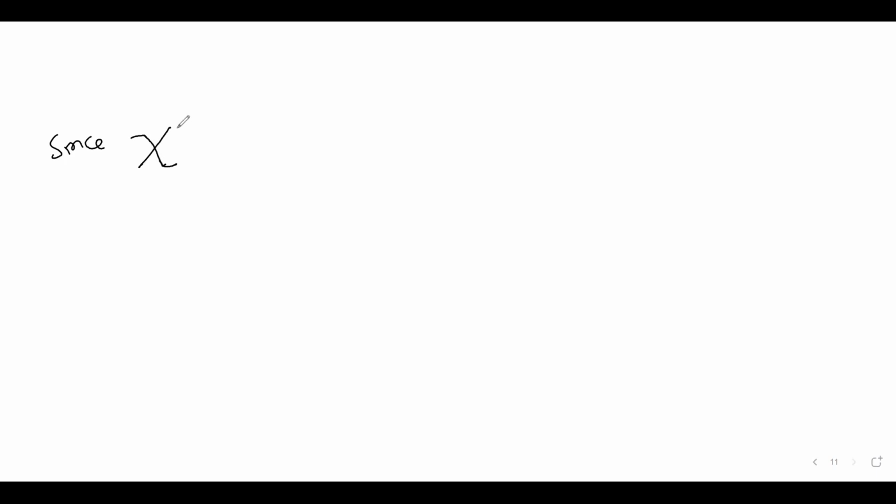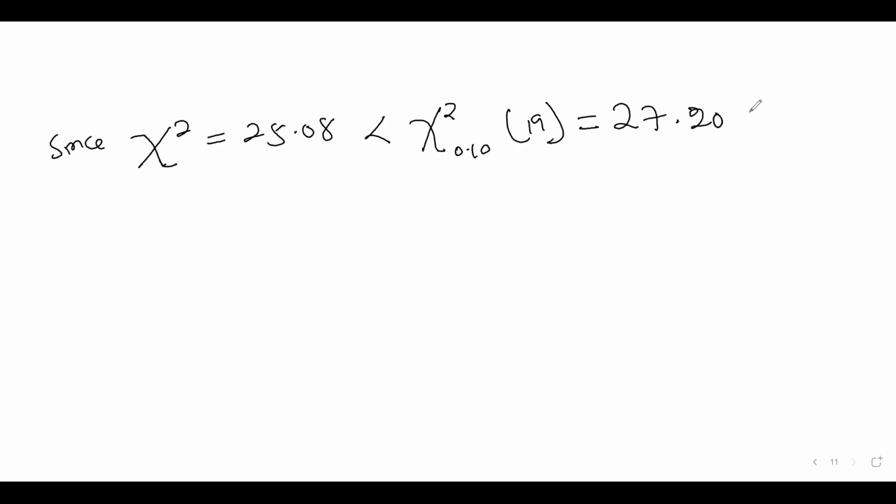It's not like an X. So the chi-square, since the computed chi-square is 25.08, and it is less than the critical chi-square at 0.10 level, degree of freedom of 19, which gave us the 27.2036, okay, we fail to reject the null hypothesis.